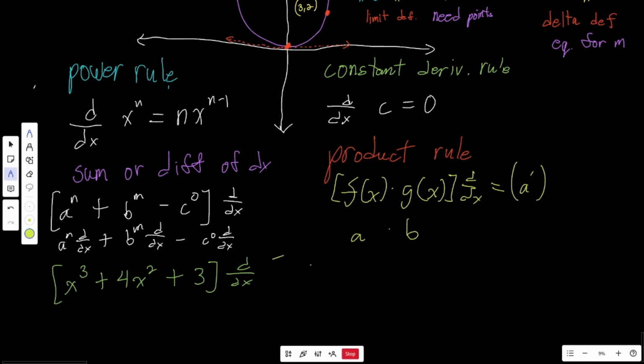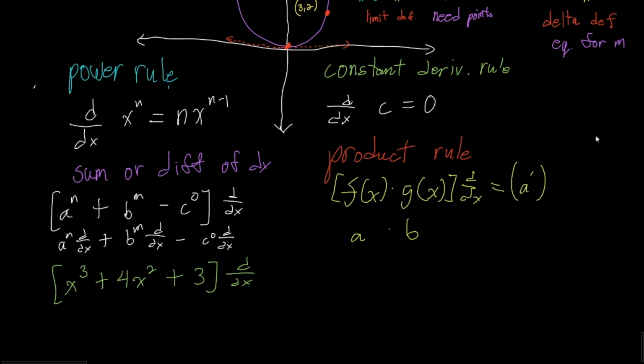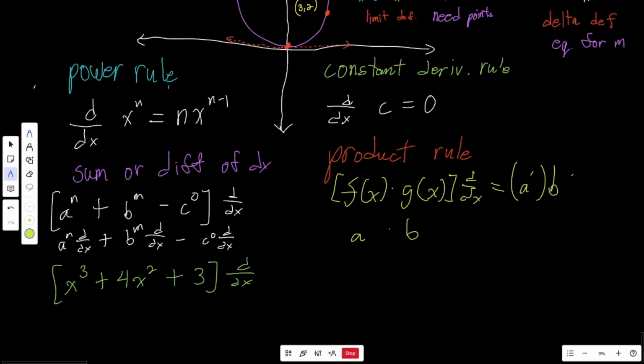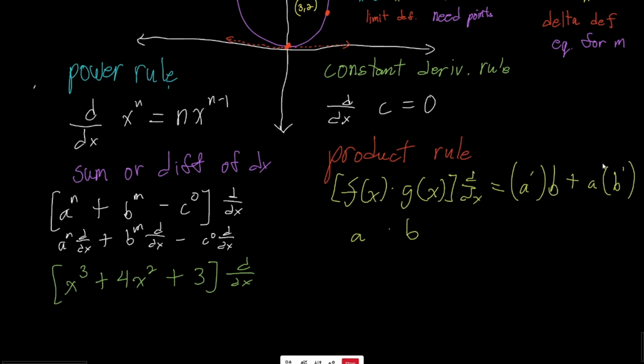When you see, for example, y prime, it's referring to the derivative of y. And if you see x prime, the derivative of x. Similar. Basically, prime means derivative. So the derivative of a times b plus a times the derivative of b. So first things first and second things second.